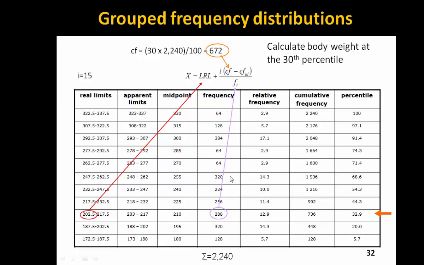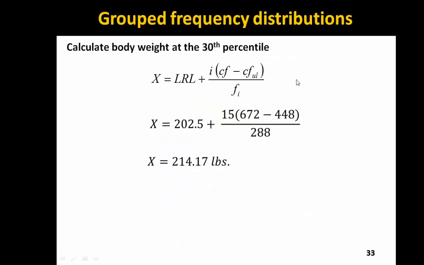The Fi, the frequency at that interval, is 288. And the only time we move off of the row is for the CF value, and that's the cumulative frequency right below. So we're basically taking a difference of these frequencies so that we can get to the 672 value.